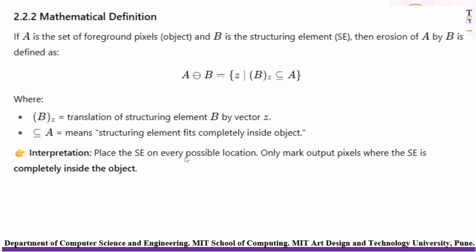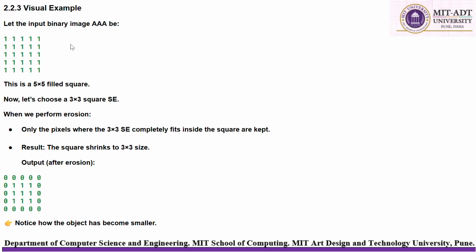If such cases are formed, then only we will mark the output. So let us consider, suppose this is my input binary image where all the pixels have the value 1. I can assume this is a filled square. This is the complete square which is entirely filled, right?